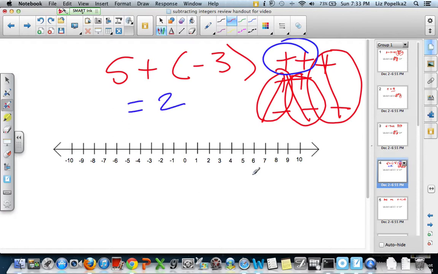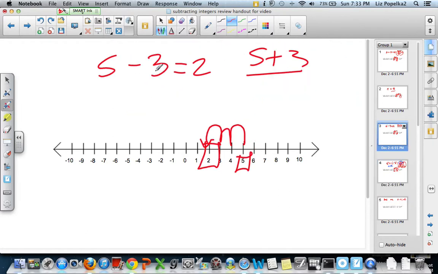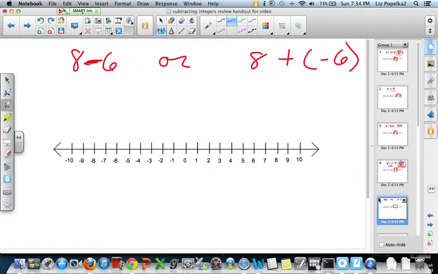So it gives you the same answer as if you were at a 5 and then you go to the left 3. My point here is that adding a negative 3 or subtracting a positive 3, subtraction and a negative really means the same thing. So you don't have to get confused memorizing two different sets of rules, because it really means the same thing.